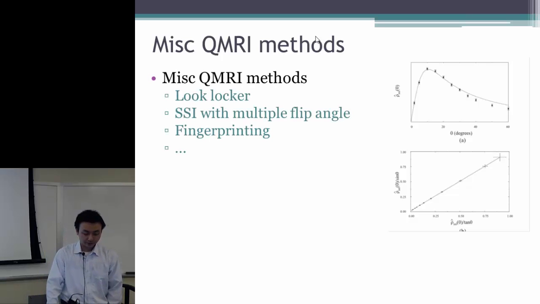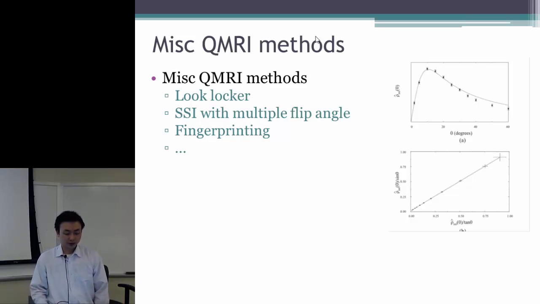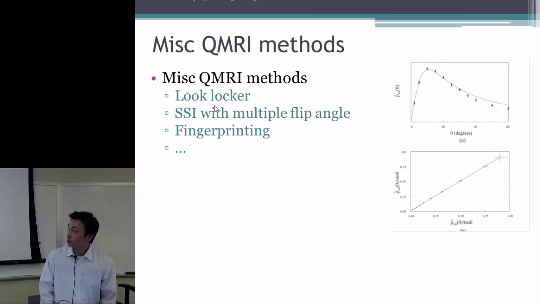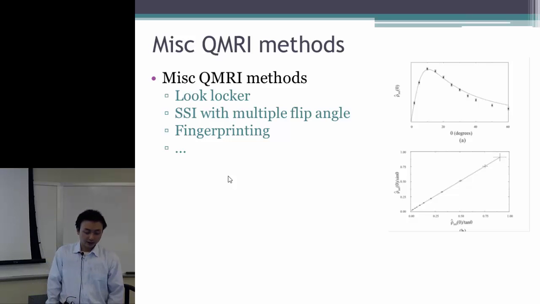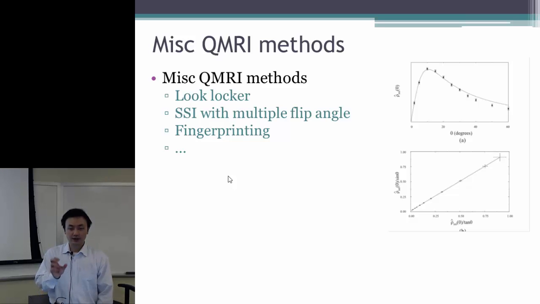So there are other different quantification MRI methods. One of the most widely used methods is the Look-Locker. The Look-Locker is basically an inversion recovery pulse method. It first applies an inversion recovery pulse, and then it collects a series of small flip angle EPI images corresponding to different TIs.